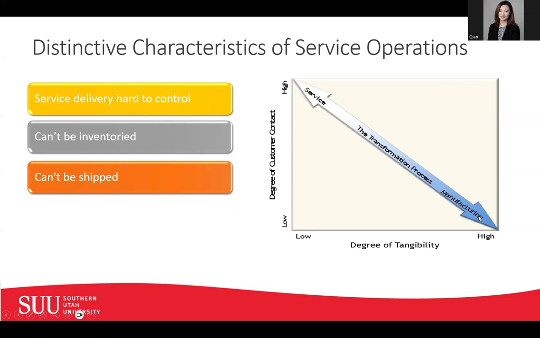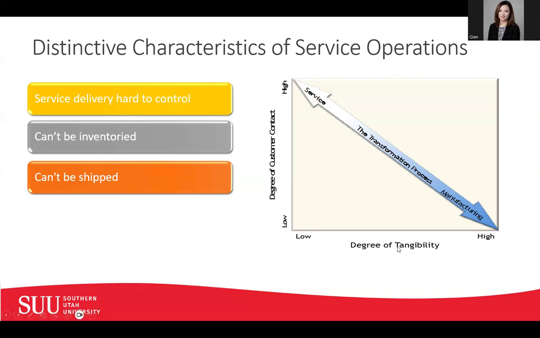And those 5 things you can use to classify whether it is a service or a physical good of manufacturing. First is the degree of tangibility. If it is tangible, you can smell it, you can touch it, or it's something you purely experience.